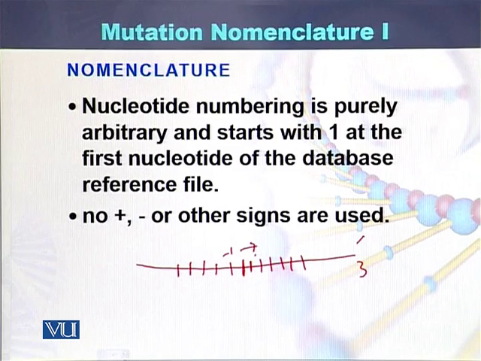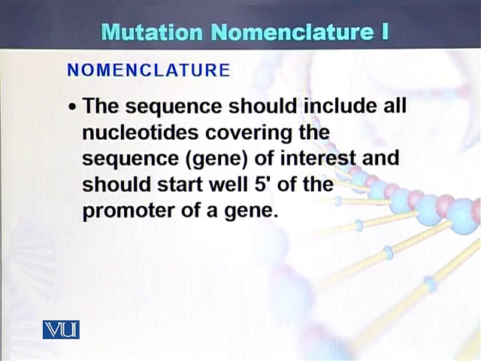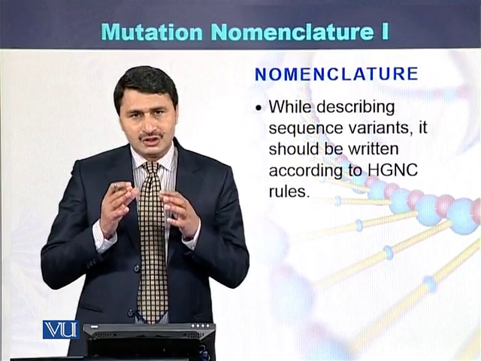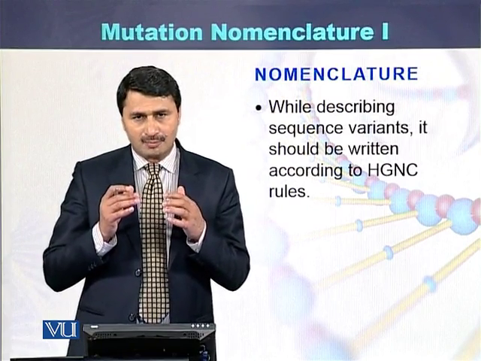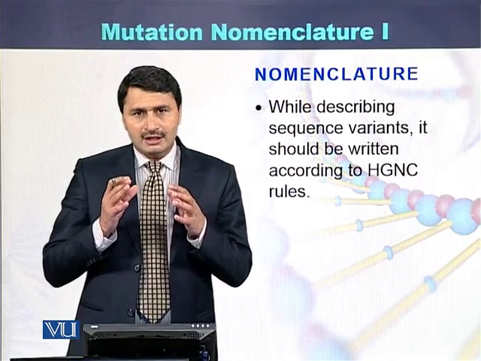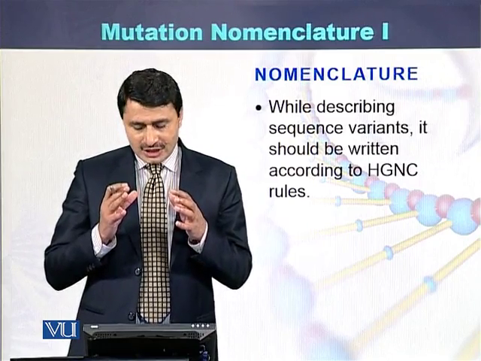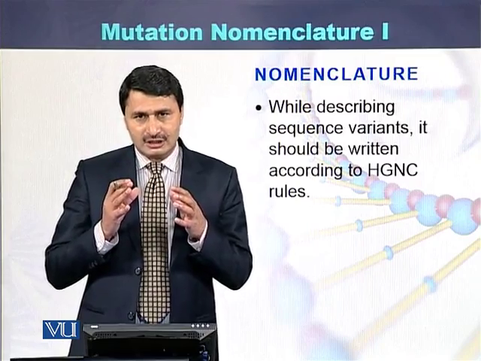So there is no nucleotide 0 in the sequence of the DNA, and usually no sign of plus and minus is used. The sequence should include all the nucleotides covering the entire sequence of the gene, starting from the 5' end up to the 3' end. So while describing the sequence variants, either at the level of DNA, RNA or protein, all the instructions that have been formulated by HGNC should be considered.